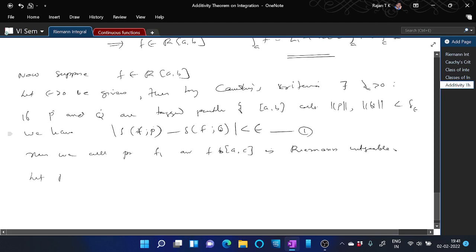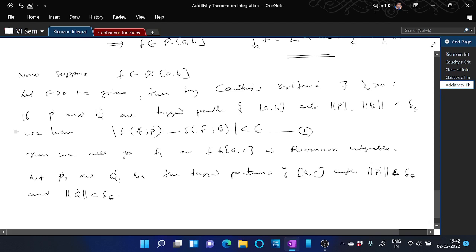Let P1 and Q1 be tagged partitions of [A,C] with norm P1 less than delta epsilon and norm Q1 less than delta epsilon.